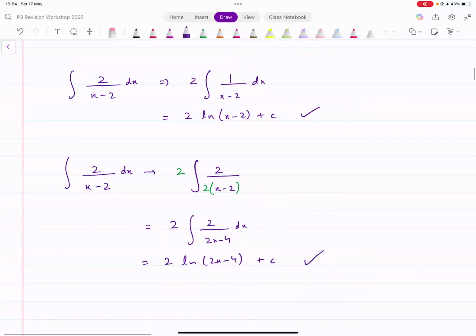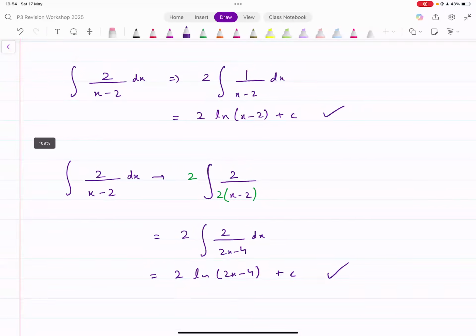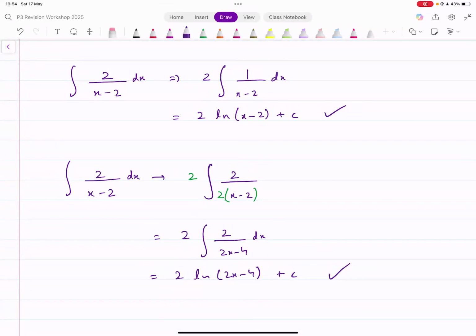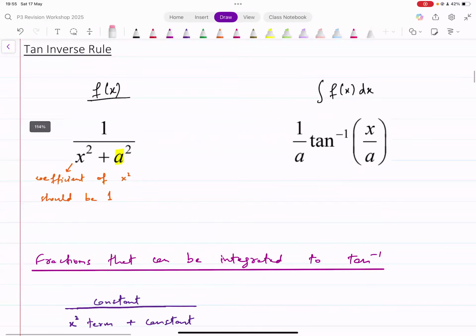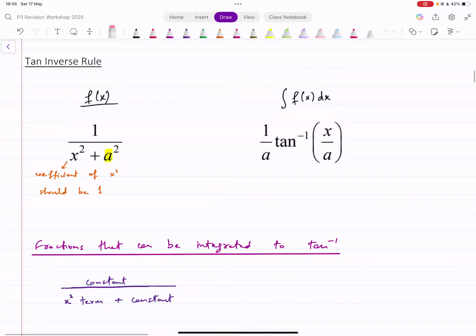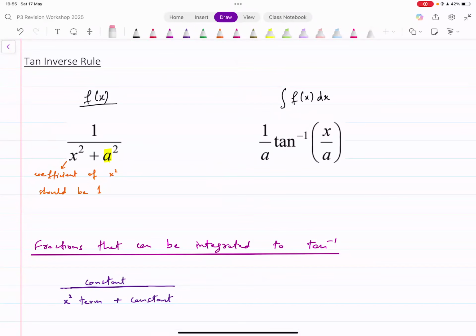Even though they are not identical to each other, they are still equivalent because the difference is only of a constant. So the C's will be different and it will be the same expression. Some people just get confused. Sometimes they end up getting a different answer slightly from the marking scheme. And a lot of times it is the case that it is equivalent to what they have in the marking scheme. So this is also acceptable.